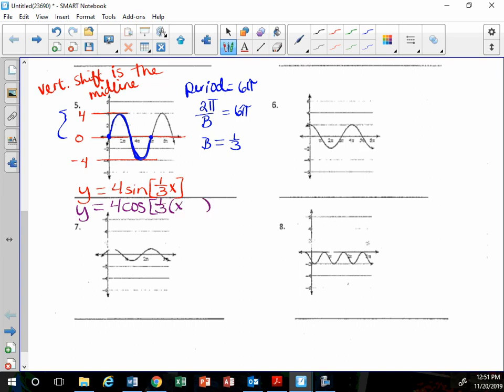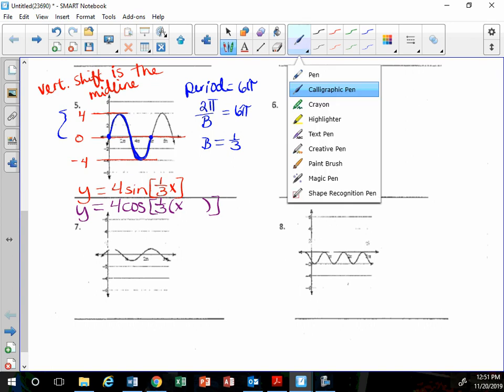We just have to figure out where the graph is going. So what you have to think about is, on the y-axis for the parent graph of cosine, where is the dot? On the y-axis, it's up, right? It's a maximum.